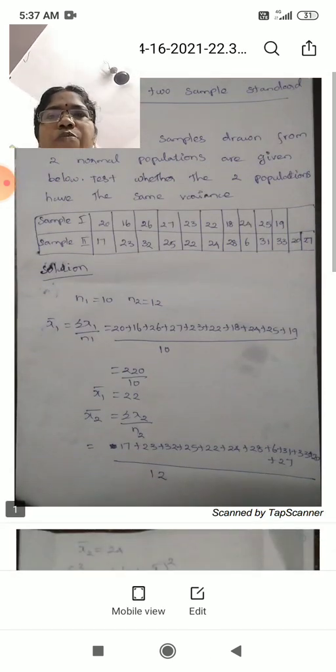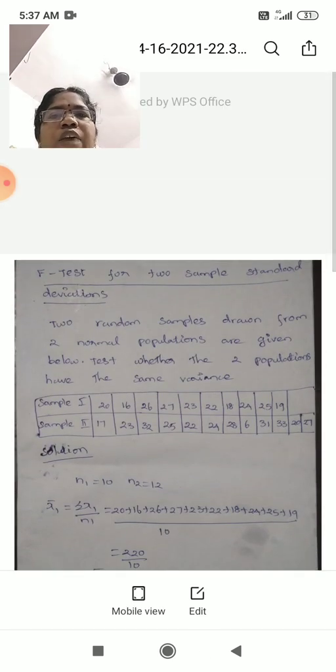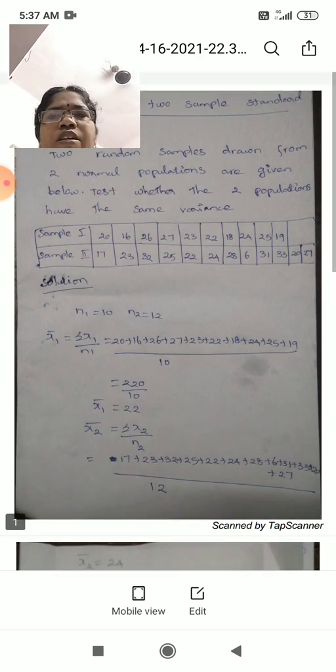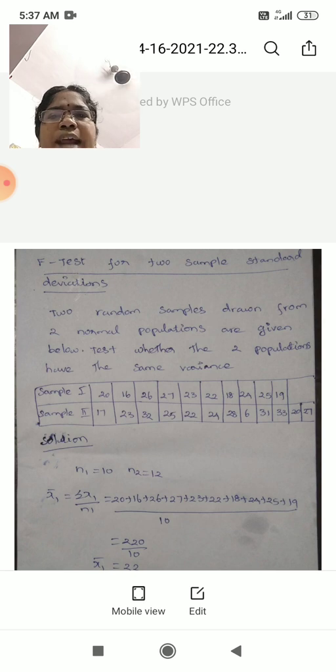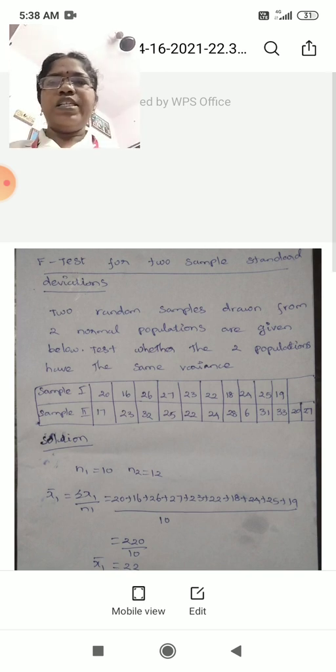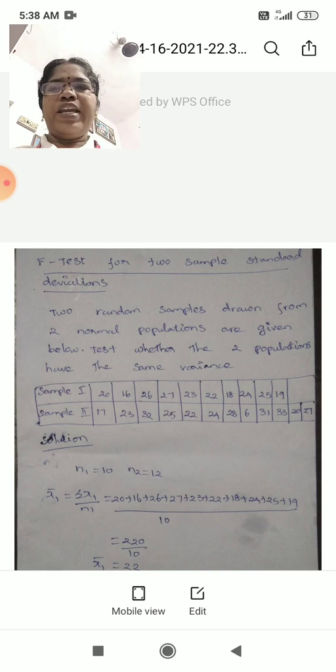Here the problem is the F-test for two sample standard deviations. Two random samples drawn from two normal populations are given below. Test whether the two populations have the same variance.